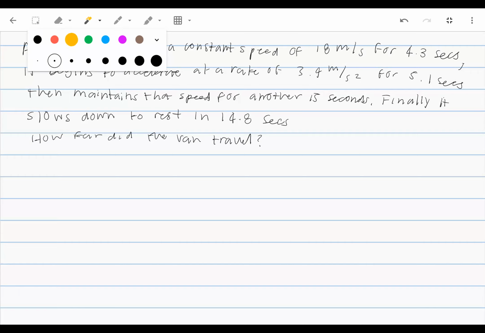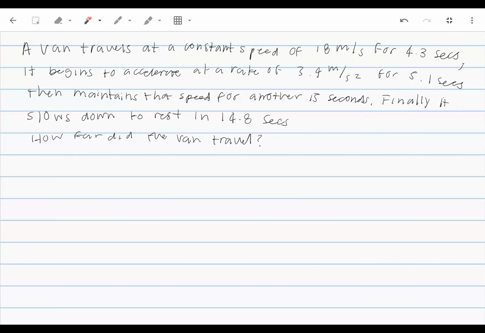So let's do red for the first part, and that would be the constant speed of the car, 18 meters per second for 4.3 seconds. Here you would use d equals vt, the simple equation for constants.